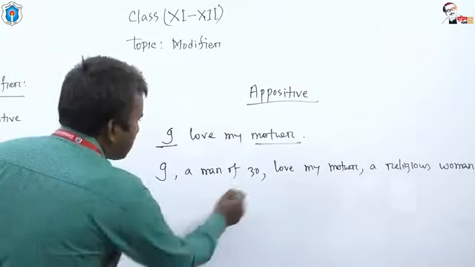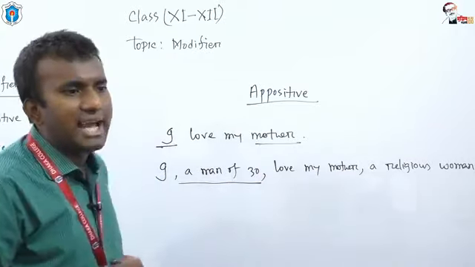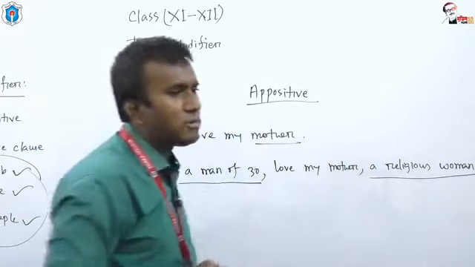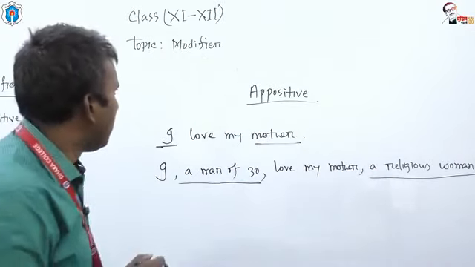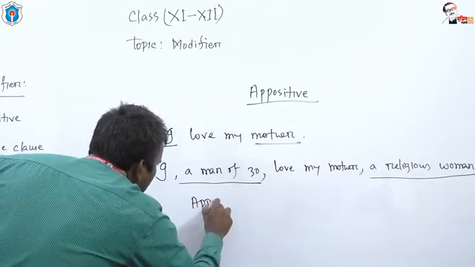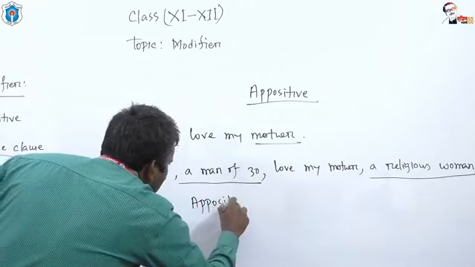So, can I say that a man of 30 is an appositive? Can I say that a religious woman is an appositive? Yes, I can say this is an example of appositive.